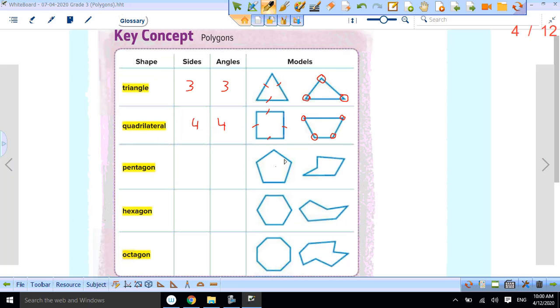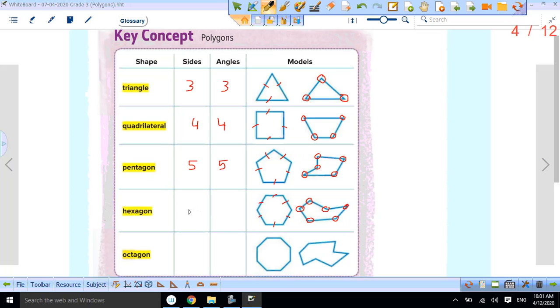This one has 5 sides and 5 angles, so it is called a pentagon. This polygon has 6 sides and 6 angles.